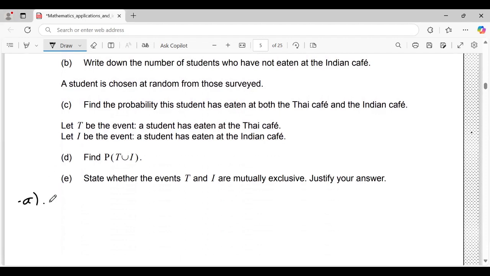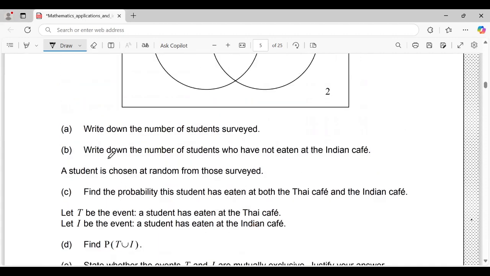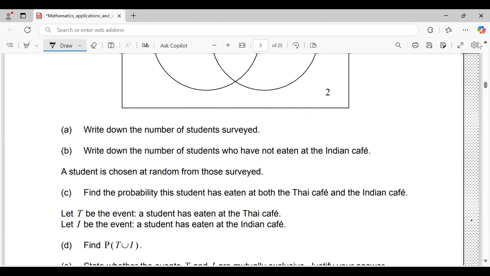A. 10 plus 13 plus 8 plus 2 equals 33. B. Write down the number of students who have not eaten at the Indian cafe.